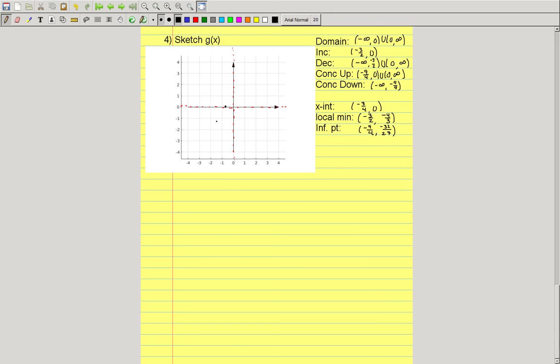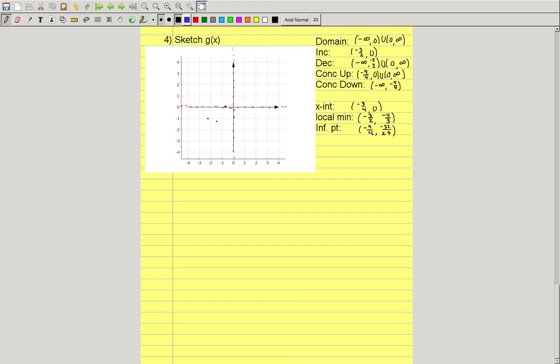And then we have an inflection point that happens at negative 9/4, negative 32/27, so approximately here.